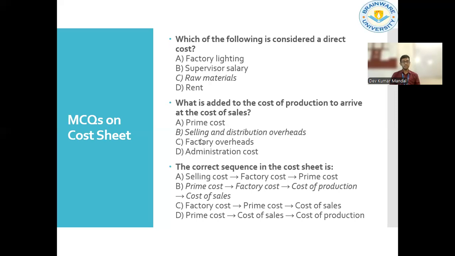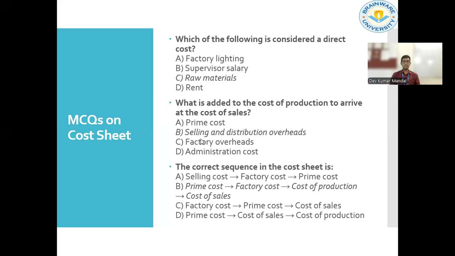Next, option number C, factory cost, prime cost, cost of sales. This is also wrong because factory cost comes after the prime cost. So option number C is also wrong. Next, option number D, prime cost, cost of sales, cost of production. This is also wrong because middle data is missing in this option.